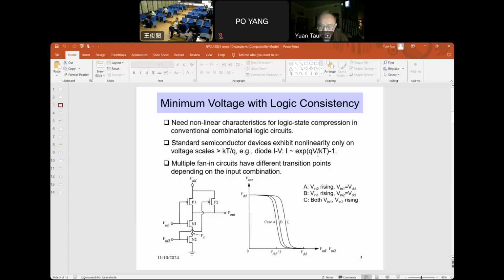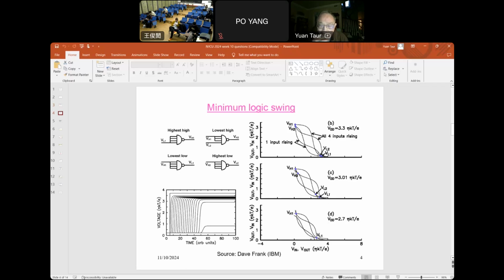Okay? And furthermore, I showed the simulation study, the model, going through the circuit model, you can show that when there are different combination scenarios, you can have zero or no noise margin once VDD is too low, below something like 3 kT over Q. And also there's a table here.